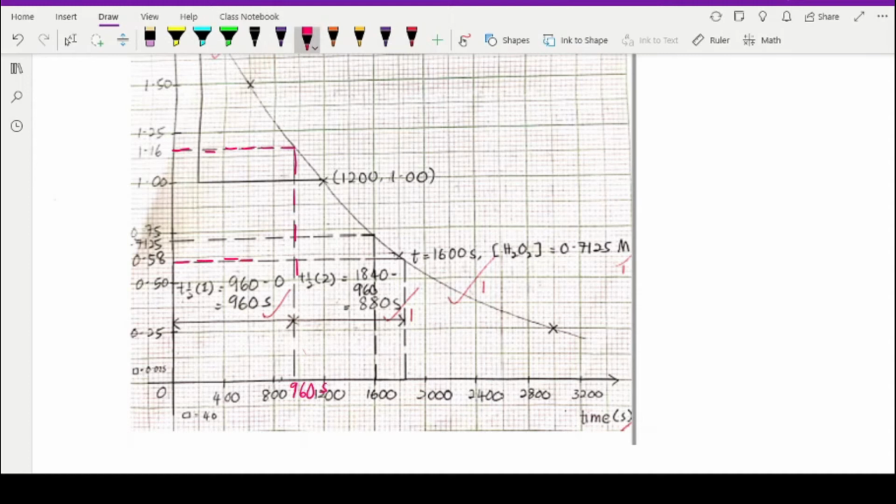This is the concentration at 0.58. You need to find the time. So the time will be 1840. The number varies depending on the graph. So if you got, for example, 1880 for this time, then it should be fine because it all depends on your scale.